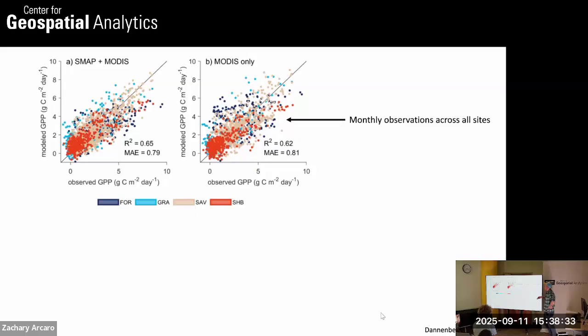And to some extent, we're sacrificing some of the variance that we're explaining here, specifically because we're trying to get the interannual. This is conflating all three of those types of variance, the spatial, the seasonal, and the interannual. And so to some extent, we're sacrificing our ability to predict the seasonal and the spatial, which hurts that R squared a little bit.